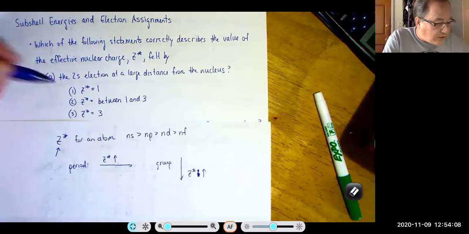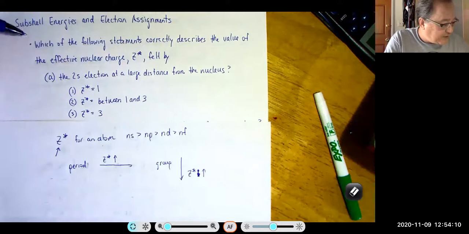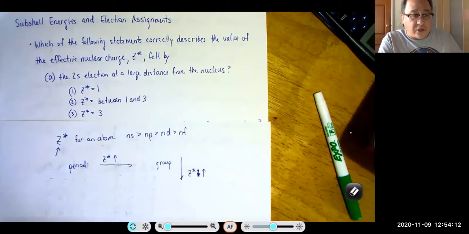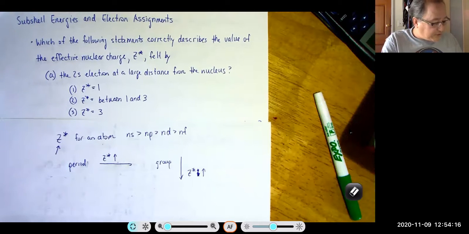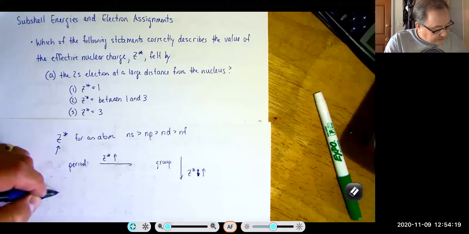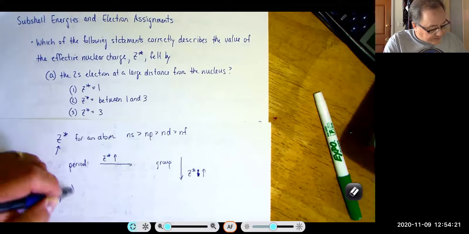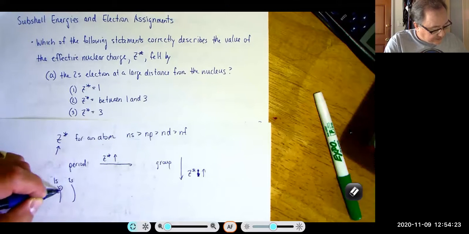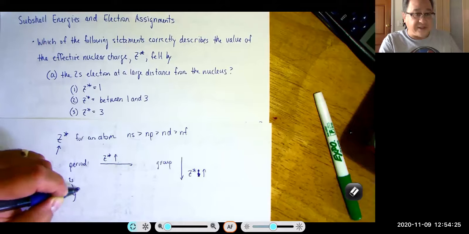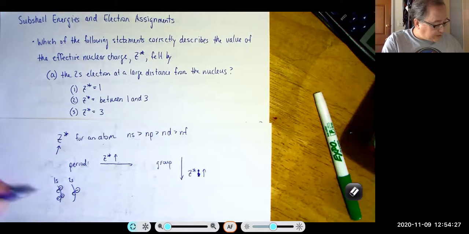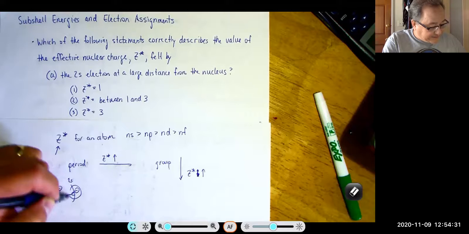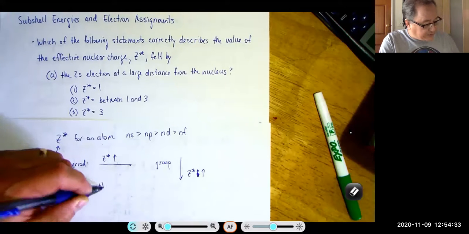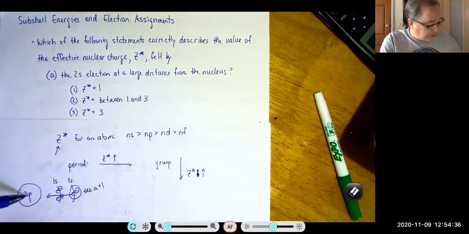The 2s electron at a large distance from the nucleus, they're asking what is the effective nuclear charge felt by a 2s electron? So the deal with the 2s electron is if you have a 1s and a 2s, and you have 2 electrons here, and here's your 2s electron, when it looks at the nucleus, if you have 3 protons here, this guy sees a +1 because these 2 block part of the charge.